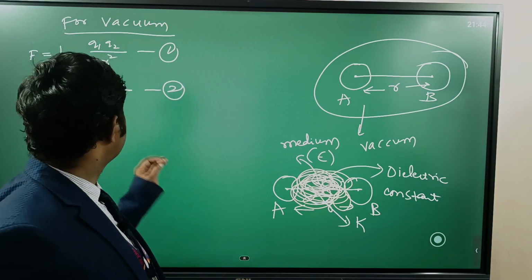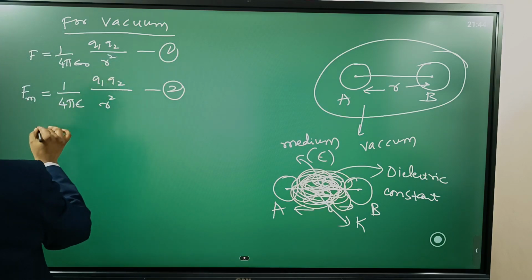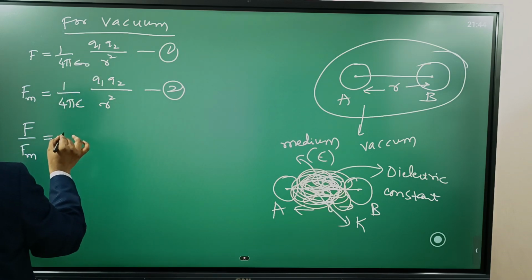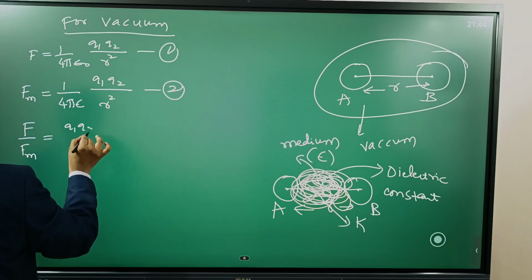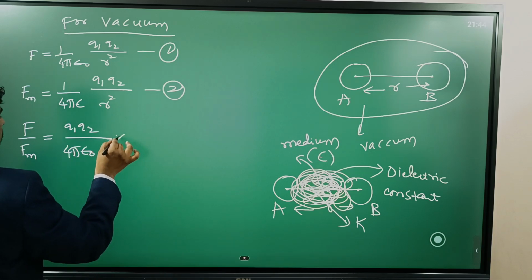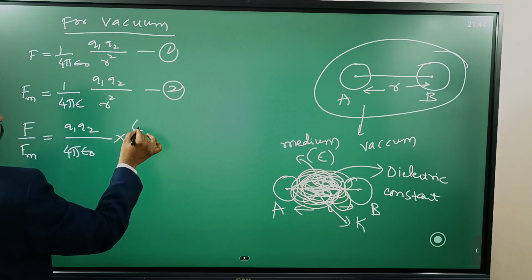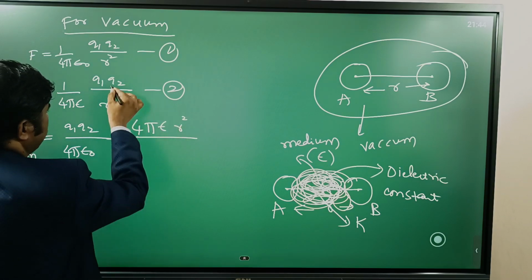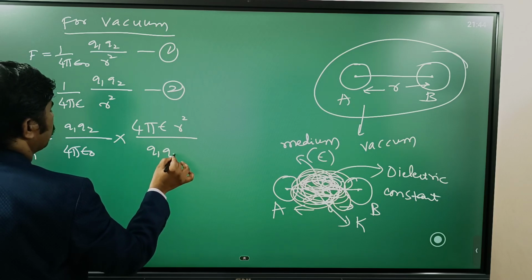Are you clear? So now divide these two. What will happen here? F divided by Fm is equal to q1 q2 divided by 4 pi epsilon naught, and this goes to numerator: 4 pi epsilon r square divided by q1 q2 comes to denominator.